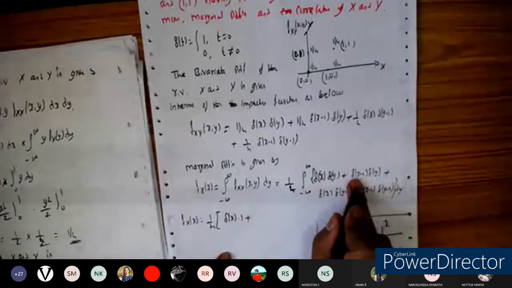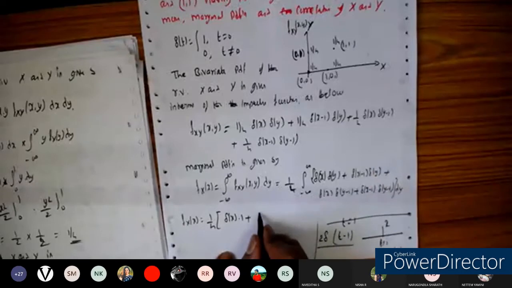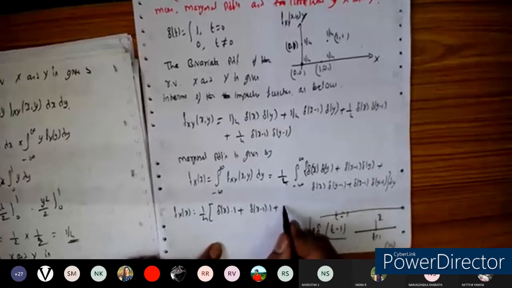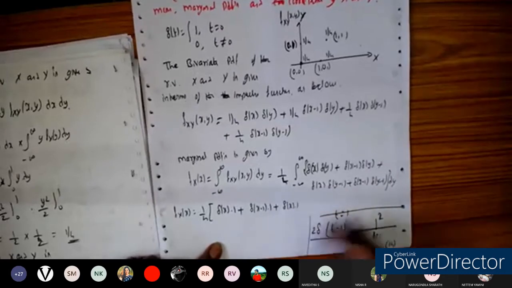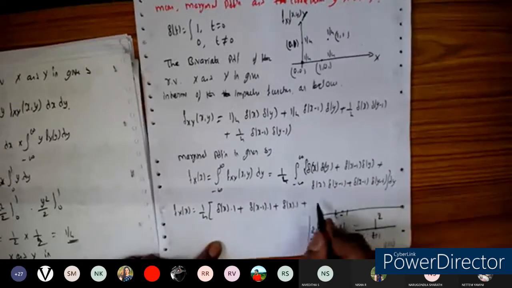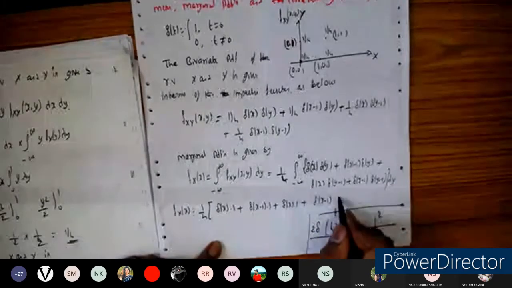Next, the integration of delta of x minus 1, it's a constant here. The integration of delta of y is nothing but 1. So delta of x minus 1 into 1, plus the integration of delta of y minus 1, which is 1, at y equal to 1. Similarly, delta of x minus 1 is there and the integration of delta of y minus 1 is 1.